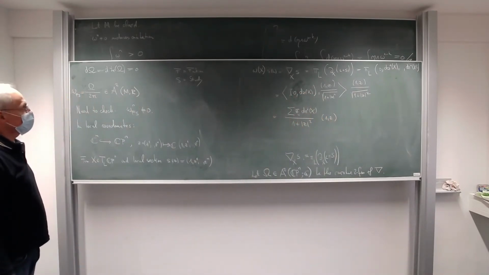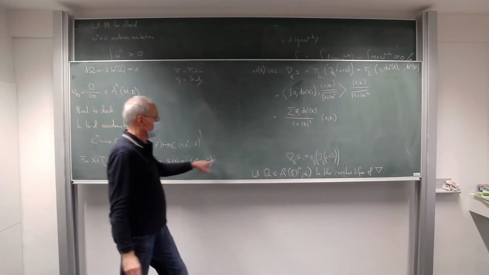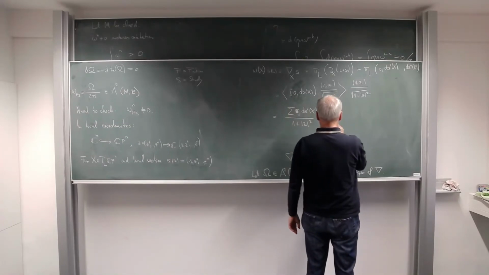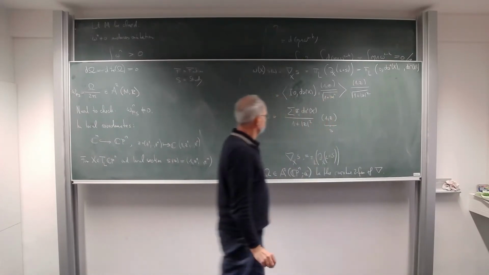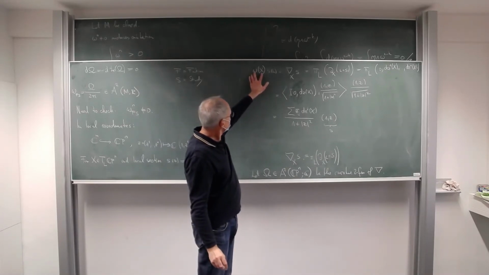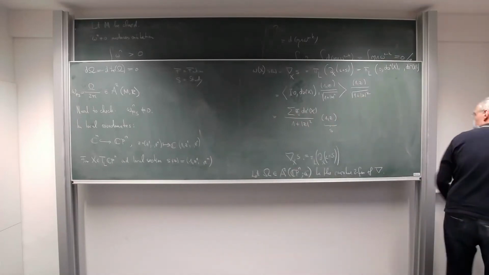And now I have to compare it to the section. The section is exactly this vector. Right, so this is s. So I can compare coefficients, and I see that my connection form is given by this expression. Now I can erase the formula for the connection.